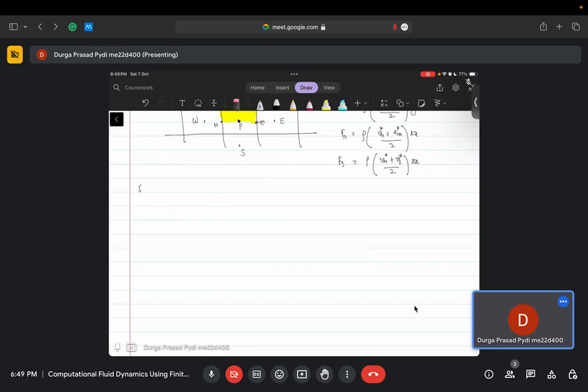Now for the boundary cells. Let's take one boundary, say the left boundary, as we have seen.